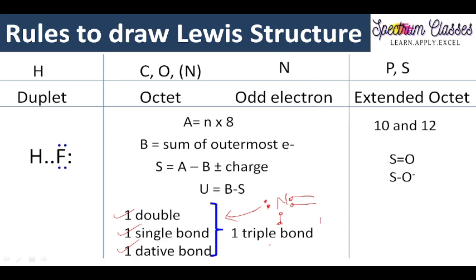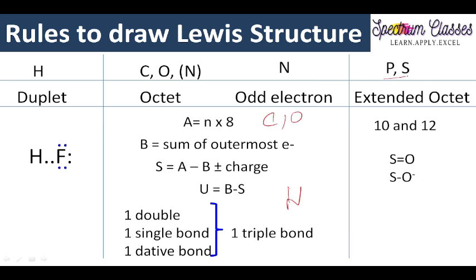In addition to that it can form a triple bond. So these are the only ways nitrogen is going to form a Lewis structure. If your charge is negative, then add this. If your charge is positive, then subtract it, right? So this is the only condition. So this is for carbon and oxygen, and this is for nitrogen.